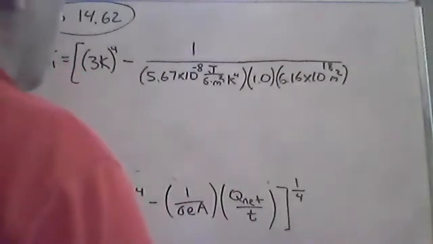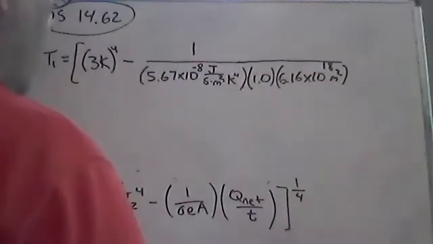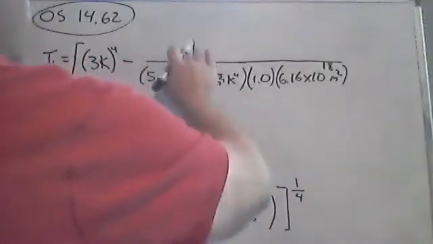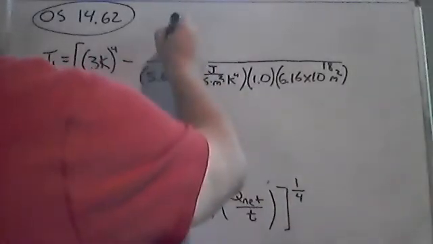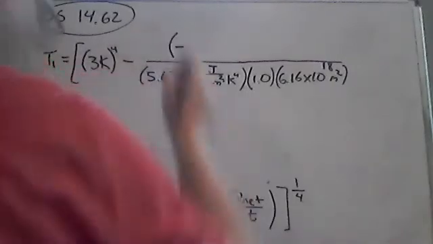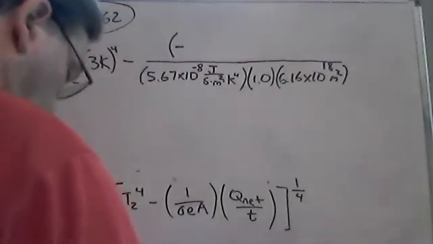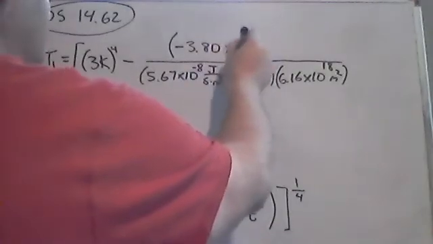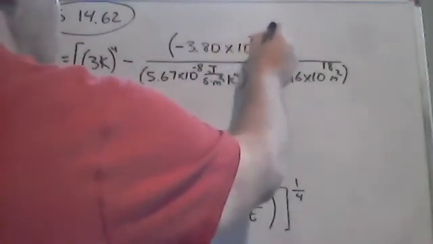And then I need to multiply all that by Q net over T. And I'll just put that up on top here. That'll simply be negative 3.80 times 10 to the 26th watts.